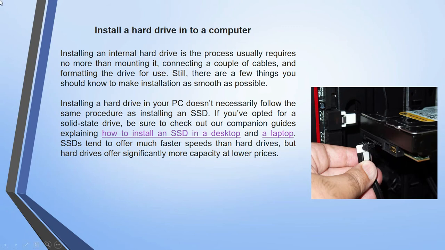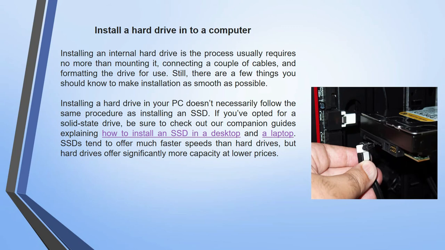Installing an internal hard drive usually requires no more than mounting it, connecting a couple of cables and formatting the drive for use. Still, there are a few things you should know to make installation as smooth as possible. That means, for installing a hard disk, you have to open your case.